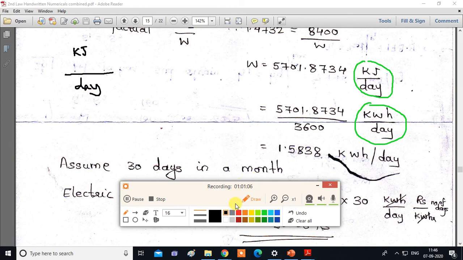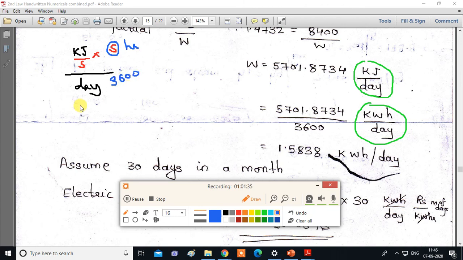What we will do is, we will divide this kilojoule by second and we will multiply this by second. Now, in order to convert this second into hour, what do we have to do? We have to divide by 3600.